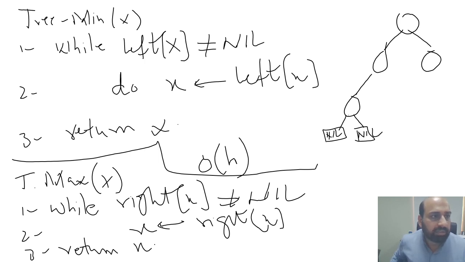Okay, let's move next. If you want to find some element in a tree, or simply I want to perform a search on a tree data structure, how can you search from a tree?